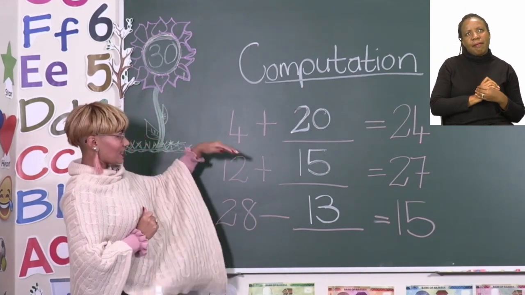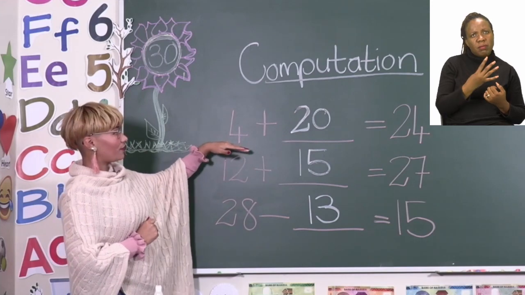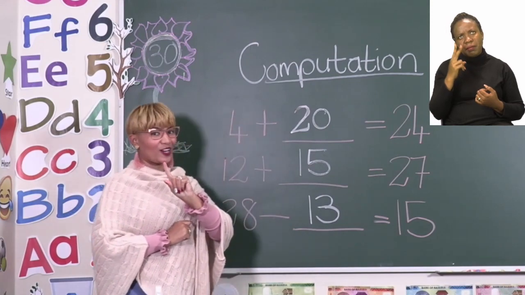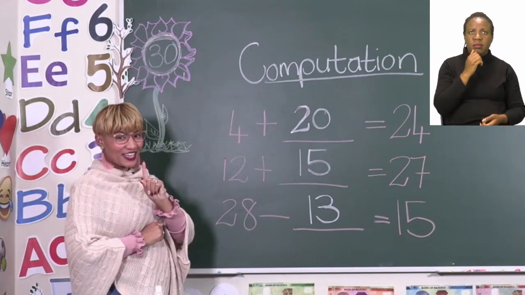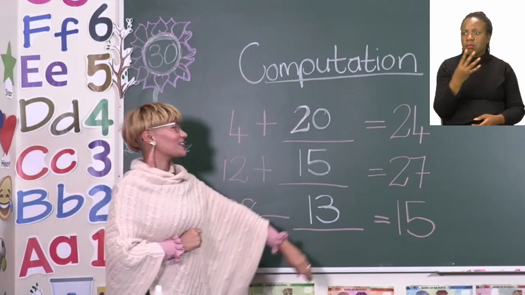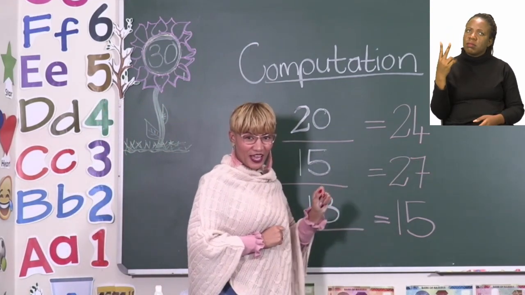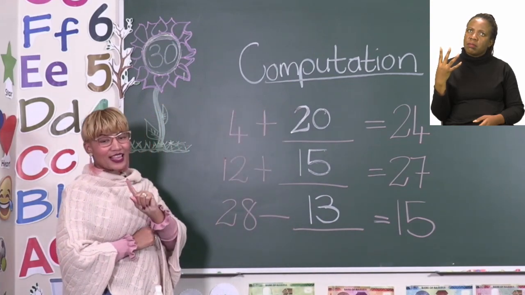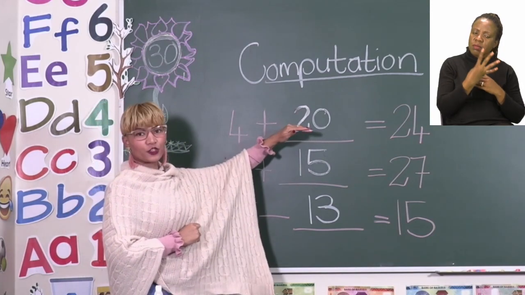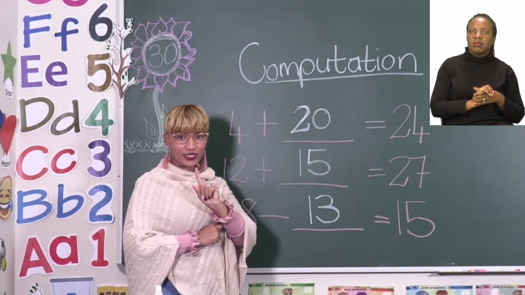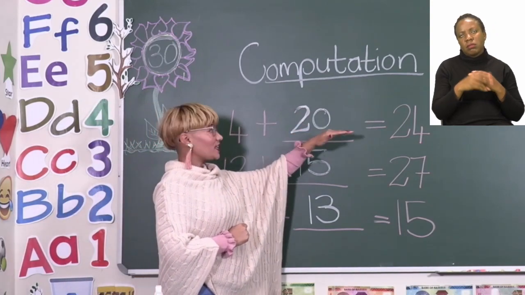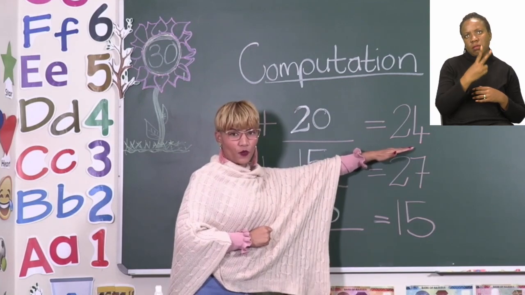In this case, the number that was given was the number 4, and the answer was 24. Now, the number that we added to the 4 is the number 20. So our sum will now read 4 plus 20 equals 24.